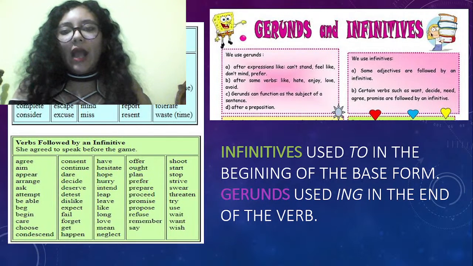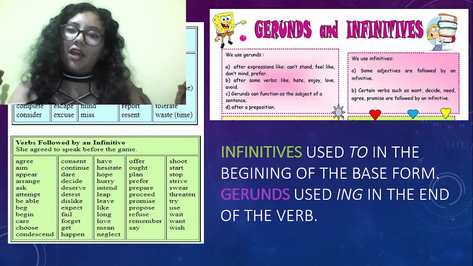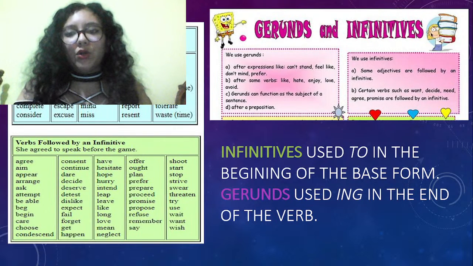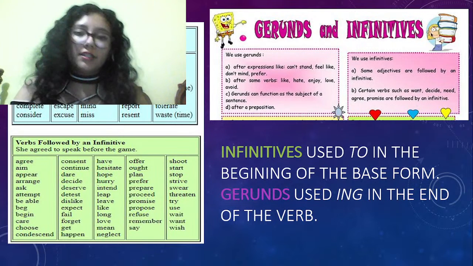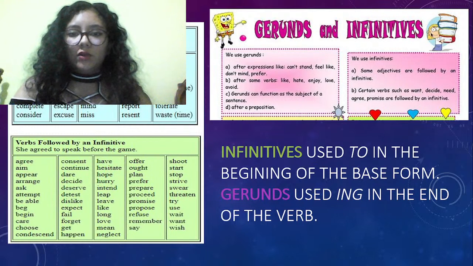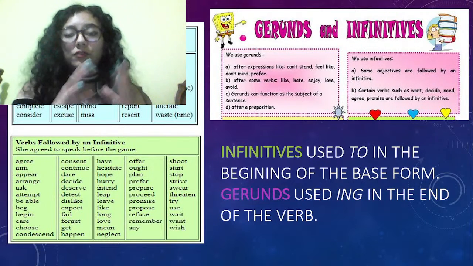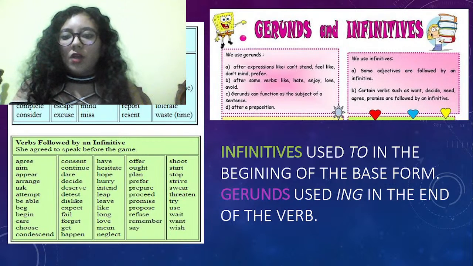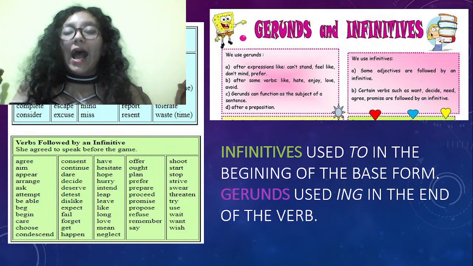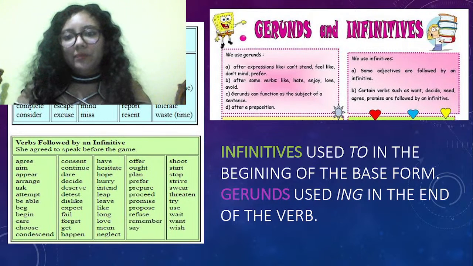Letter B, after some verbs like like, hate, enjoy, love, and avoid. Letter C, gerunds can function as the subject of sentences. And the last definition is after a preposition. Gerunds are also formed with the suffix ing at the end of the verb.